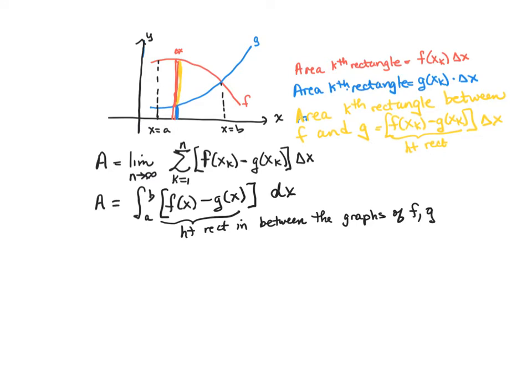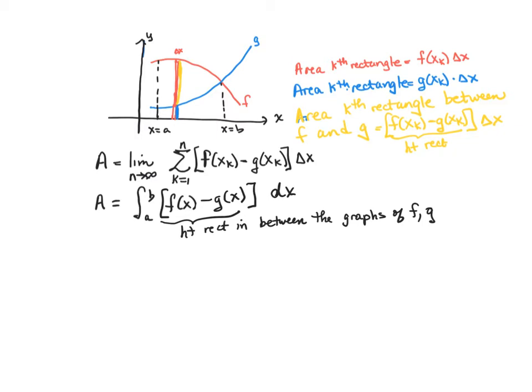All right, so let's consider one other idea that's important in this topic. Suppose we change the position of f and g with respect to the x-axis. We saw previously that if the graph of a single function is below the x-axis, then the definite integral would represent net area, and it could be negative.